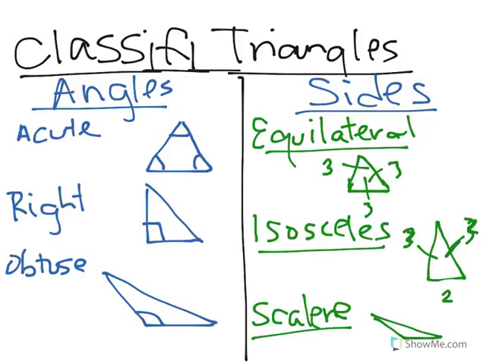That is how we name the triangles and how we classify them. What you also need to know is on an equilateral triangle, if the side lengths are the same, all the angles are the same. On an isosceles triangle, if two side lengths are the same, then the two angles opposite of each other are the same. Okay? Scalene, none of them are the same.